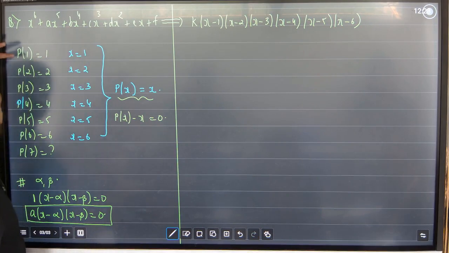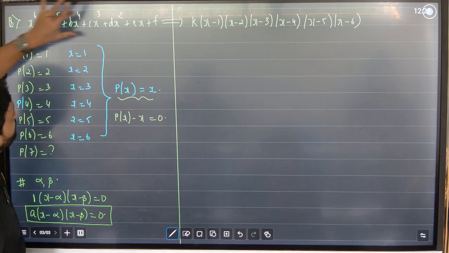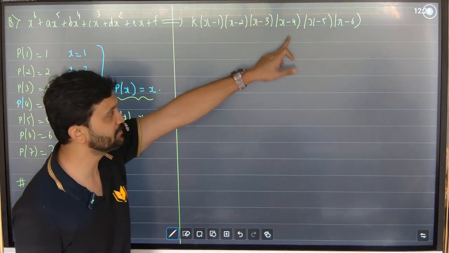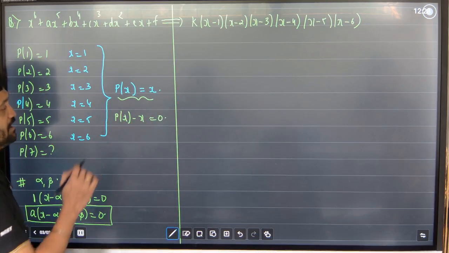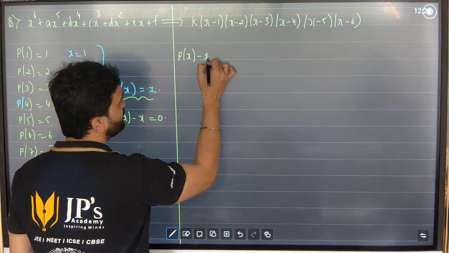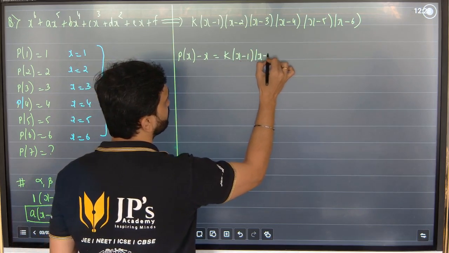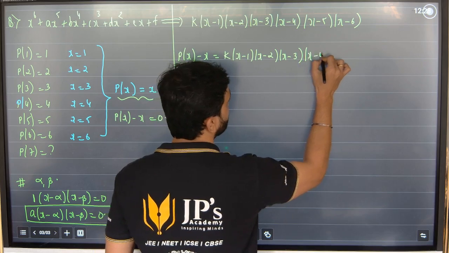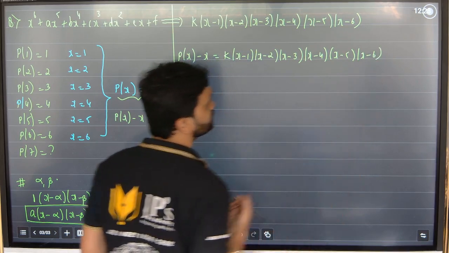Since 1, 2, 3, 4, 5, 6 are the roots of the equation, I can represent this equation in the form k into x minus 1, x minus 2, x minus 3, x minus 4, x minus 5, x minus 6. And it satisfies the condition. And if I combine both the equations together, I'll get p of x minus x is equal to k into x minus 1, x minus 2, x minus 3, x minus 4, x minus 5, x minus 6.